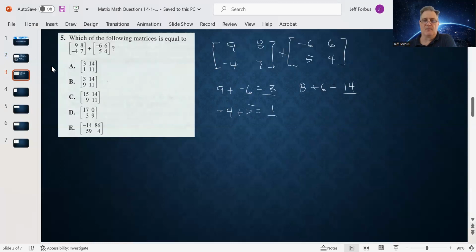And 7 plus 4, it's equal to 11. So that gives us a resulting matrix of 3, 1, 14, and 11. And that's going to be solution A. On to the next one.